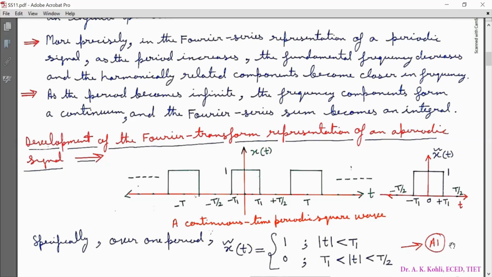Mark it as equation A1, and now I have plotted x̃(t) here. x̃(t) has amplitude 1 when t is lying in the range minus T1 to T1. However, the total period is from minus T/2 to T/2 as shown on the screen.